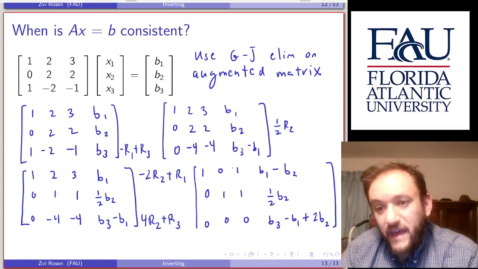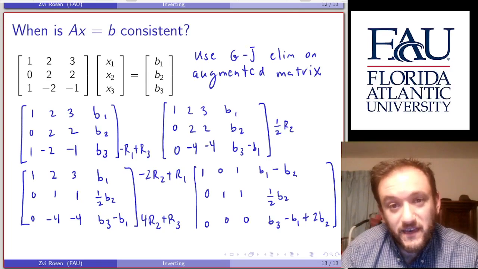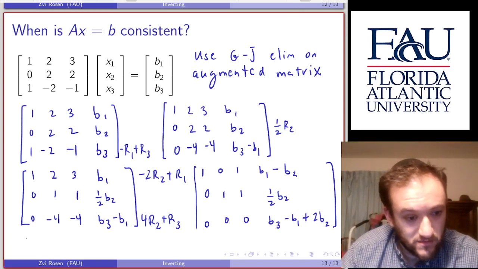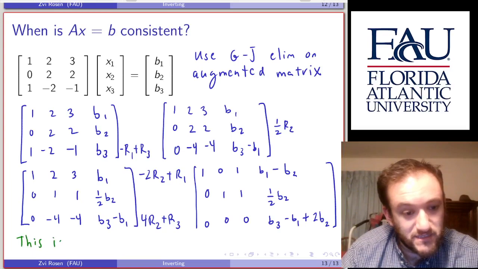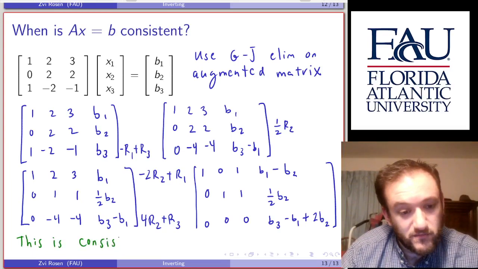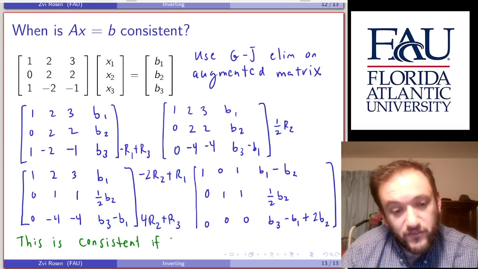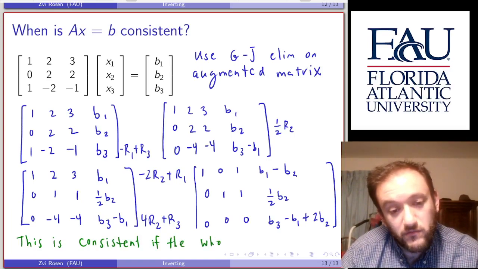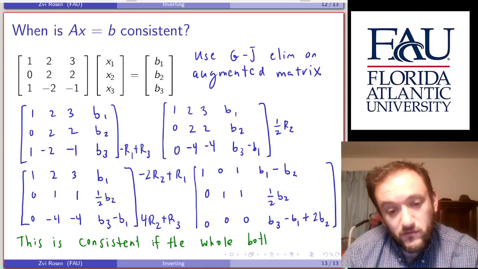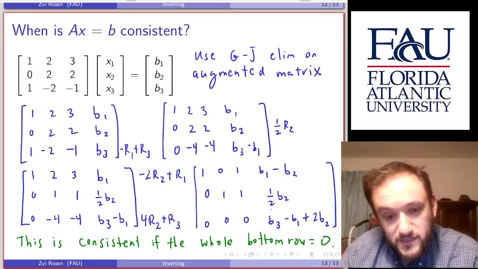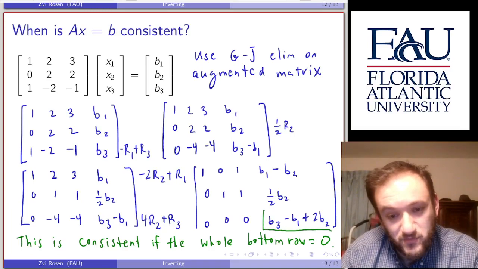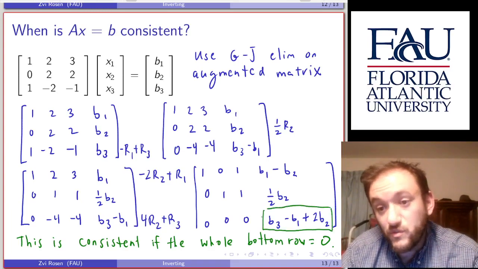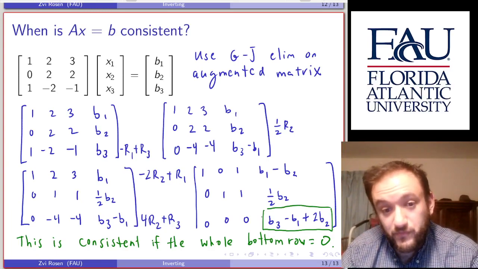In general, when we have an augmented matrix like this, the way that we can tell that this is consistent is if the whole bottom row is just 0. Okay? So in our case, what that means is that B3 minus B1 plus 2B2 must be equal to 0.